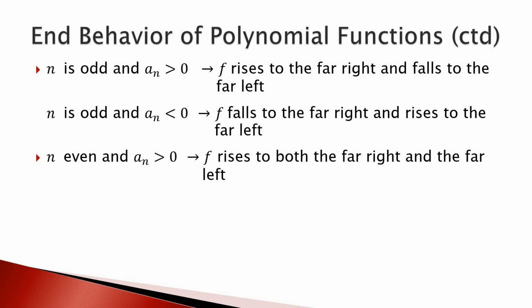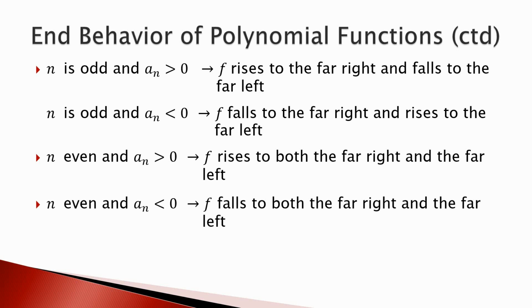And if n is even and positive, then f rises to both the far right and the far left. And if n is even and negative, f falls to both the far right and the far left.